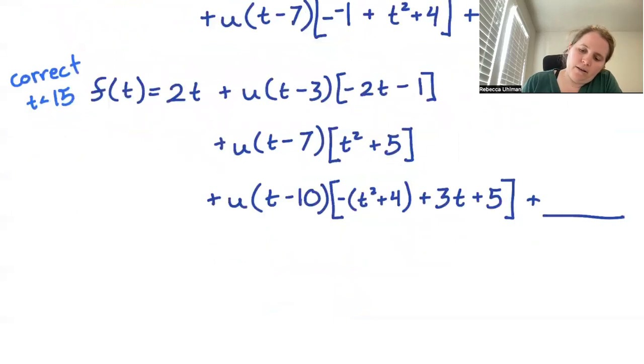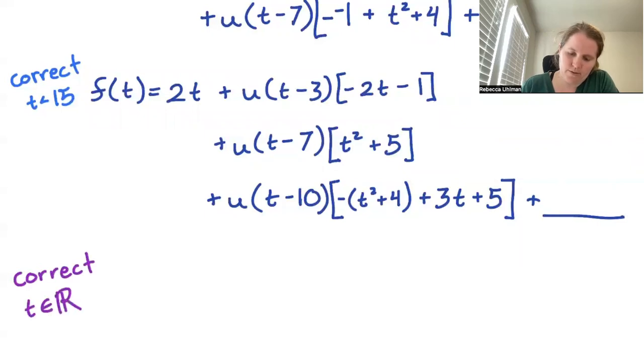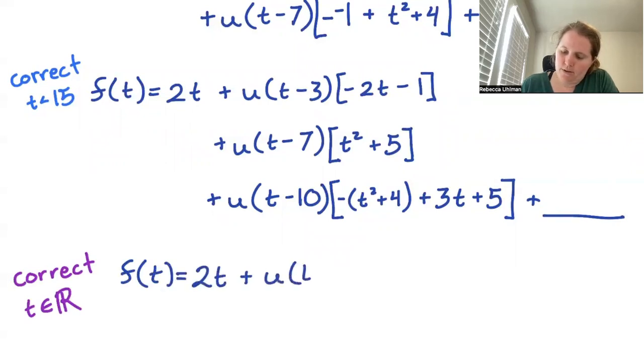And now finally, the last piece will just be correct everywhere. So correct for t in the real numbers. We will have f of t equals 2t plus u of t minus 3 times our negative 2t minus 1.